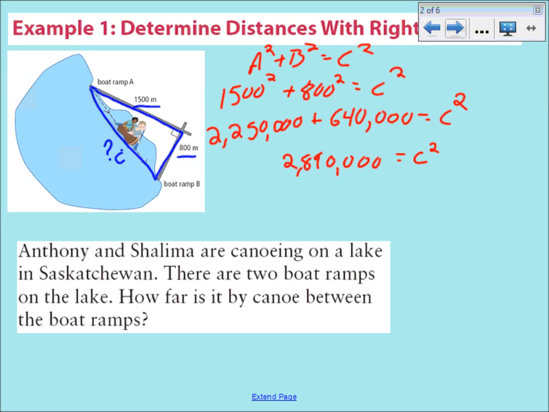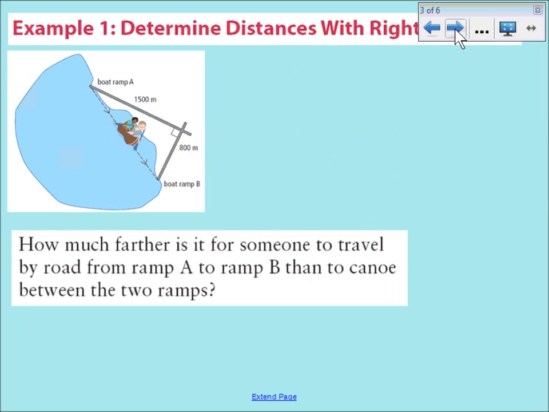So again, to get rid of this square, we have to square root it, and whatever we do to one side, we do to the other. So c equals the square root of 2,890,000, which equals 1,700 meters. So the answer is 1,700 meters is the distance between the 2 boat ramps.